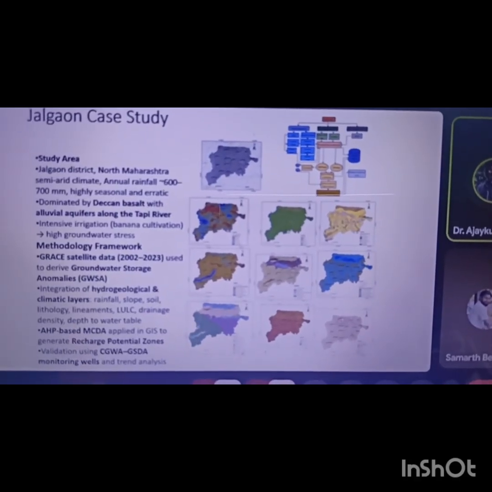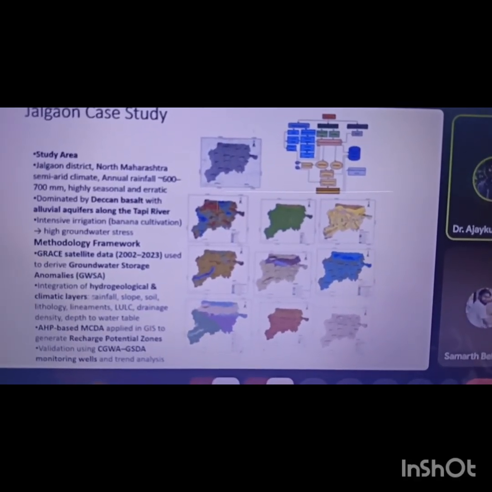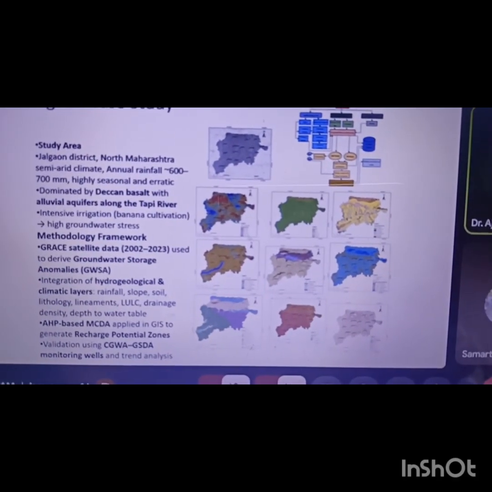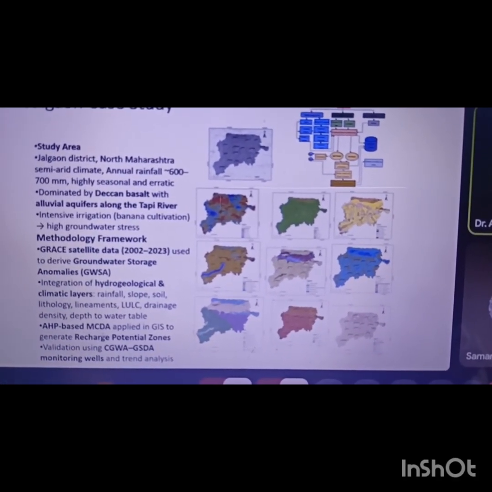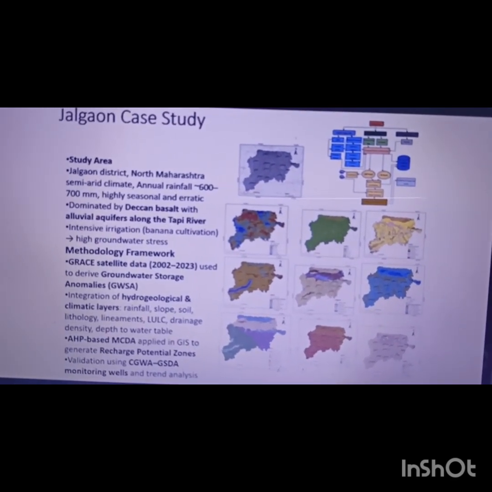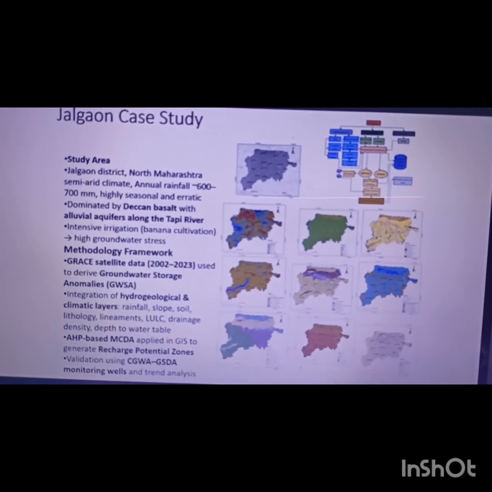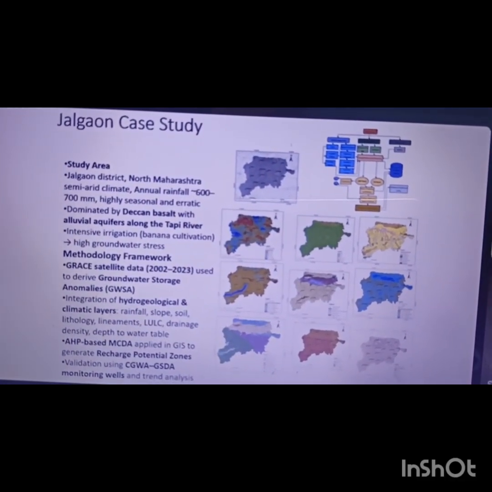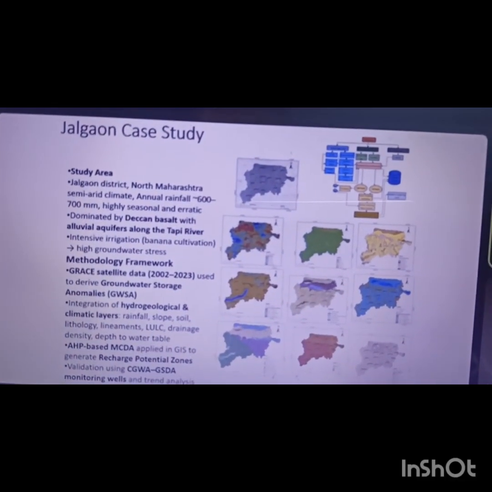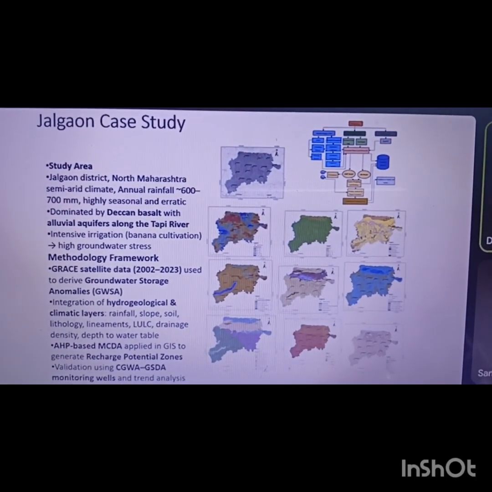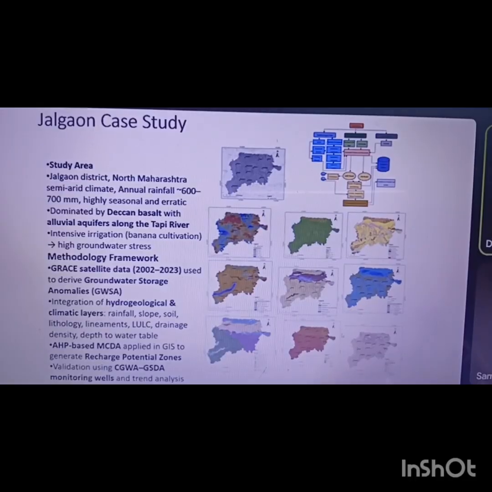Then we integrate all these hydrological layers, such as rainfall, soil, and slope, in the GIS background, and we have given AHP MCDA weightages. Many of you know AHP is the Analytical Hierarchy Process. This is one of the basic methods that we generally use for giving weightages to the layers and the subclasses. These are called thematic layers.